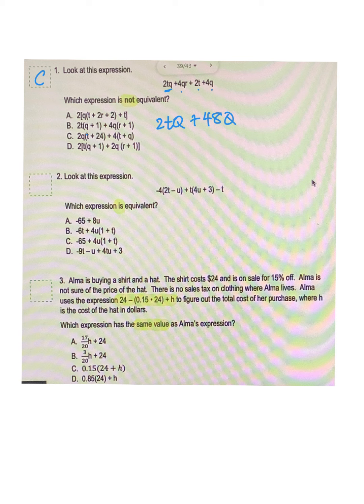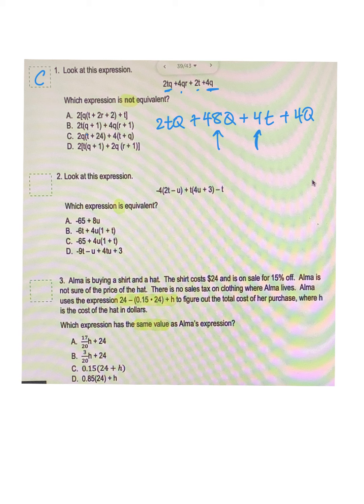In the second part, we're going to multiply 4 times t, which gives us 4t. And again, that's not any of these. So that's 2 places where they don't match, plus 4q. Now, there is a 4q in here, but you're missing the term 4qr, and you're missing the term 2t. So that's how I knew the answer had to be C.